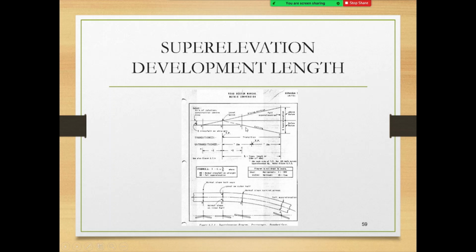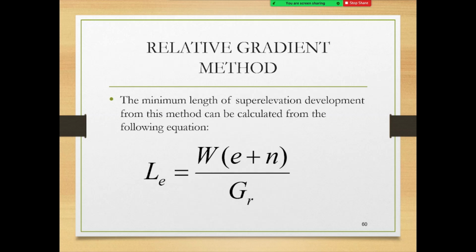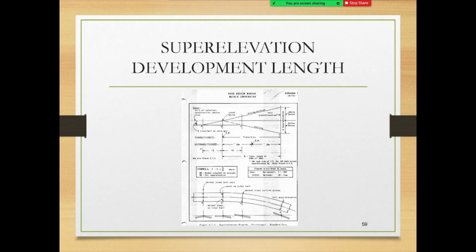Then if it is 5% super elevation, it goes to minus 5% super elevation. Okay, so this is how the super elevation is happening, right? So now you know this whole length, from this point to this point, is called the super elevation development length.